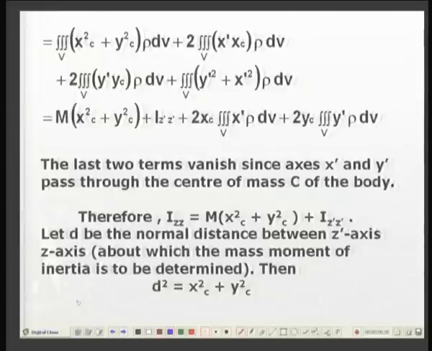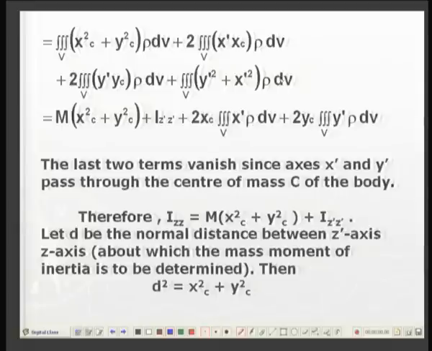By rearranging the terms, we can easily verify that the previous integral will now be equal to the sum of these integrals. One is the volume integral of xc square plus yc square into rho dV, plus twice, these are the coupling terms, x dash into xc rho dV volume integral, twice y dash into yc rho dV volume integral, and then the volume integral of y dash square plus x dash square rho dV.